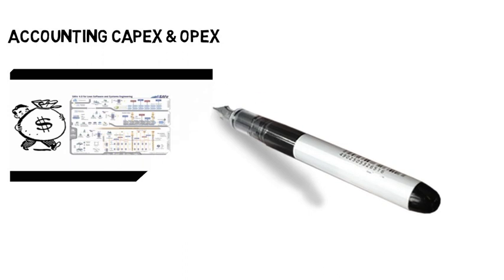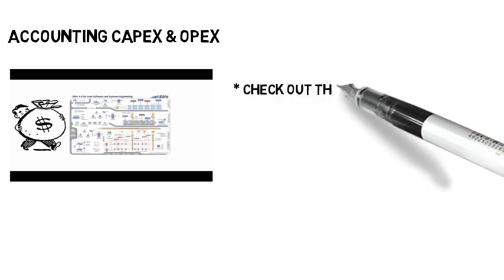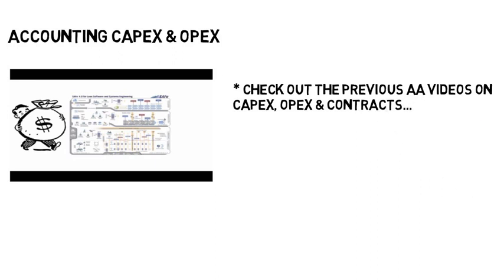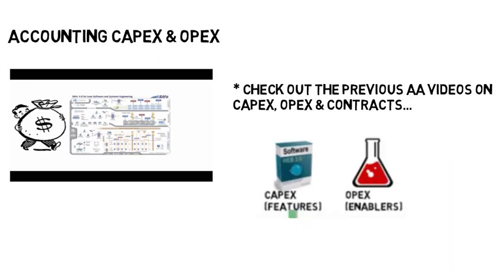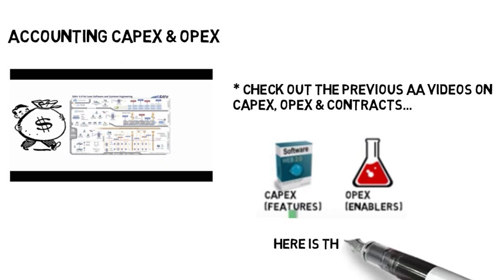Now, from an accounting perspective, Capex and OPEX, we did also look at this in a previous Auspicious Agile video blog. I'll provide links to these so that you are able to take a look at these videos if you're interested, or to their playlists. But Capex and OPEX, in brief, from an Agile perspective, what we're doing here is capitalizing from an accounting perspective the features, the product development of features, and we are using OPEX as far as some of the requirements or stories, and also the maintenance and non-functional types of things, or enablers as they are called in Scaled Agile.